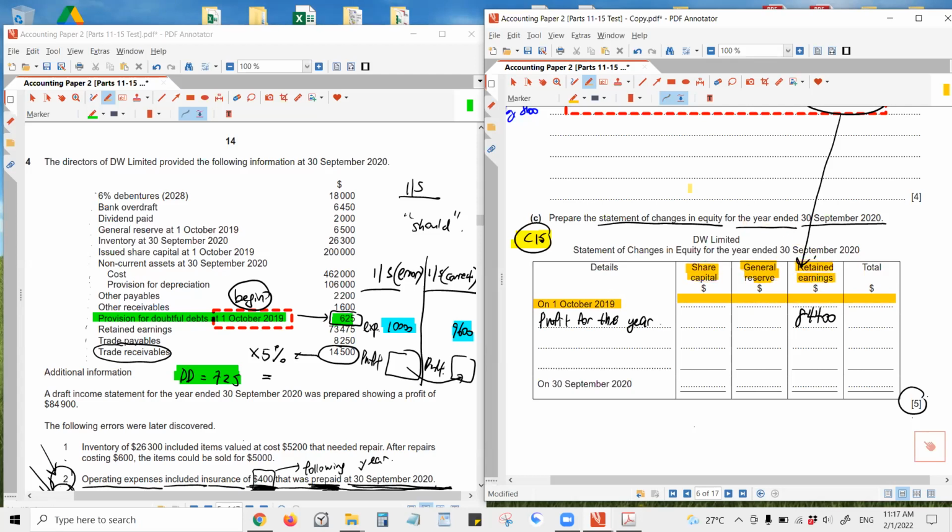So what are their balances at the beginning of the year? See the question. I see one here, 6,005, 200,000. Retained earnings at the beginning of the year here.